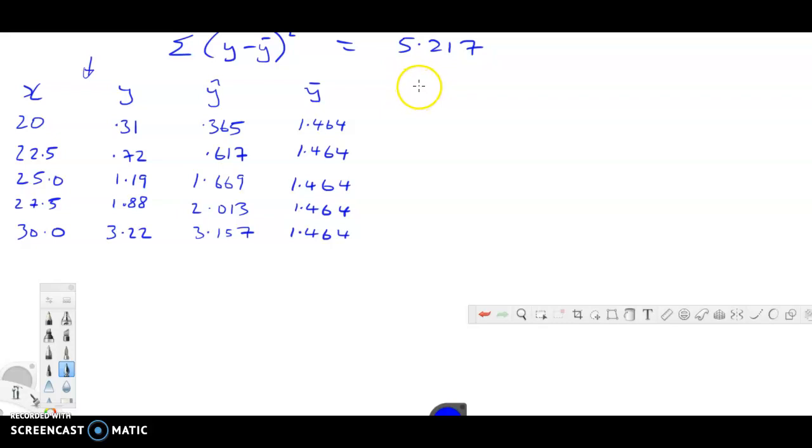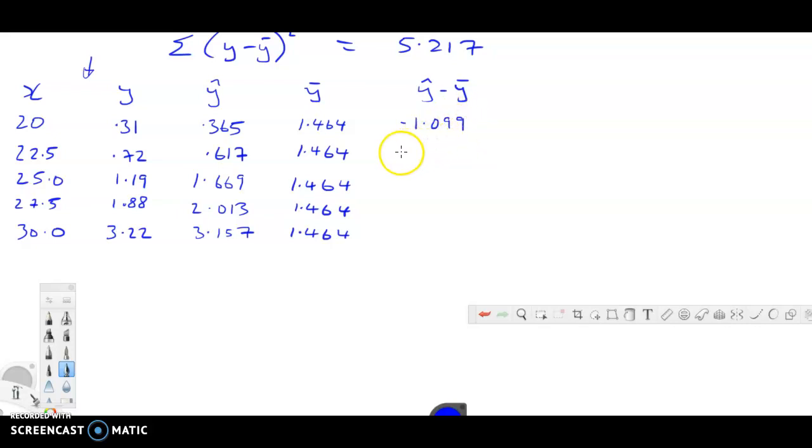So then I'm going to have y hat, because going back to the formula, we're going to need y hat minus y bar for each of these. So that'll be 0.365 minus 1.464, and we get something like this, minus 1.09, working to 3 places of decimals, something like that.